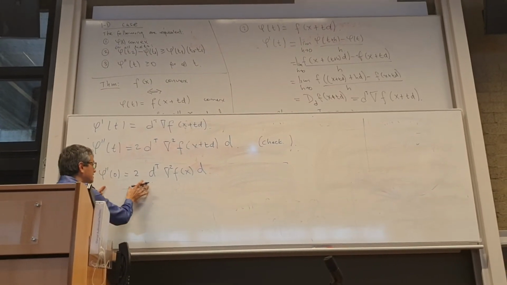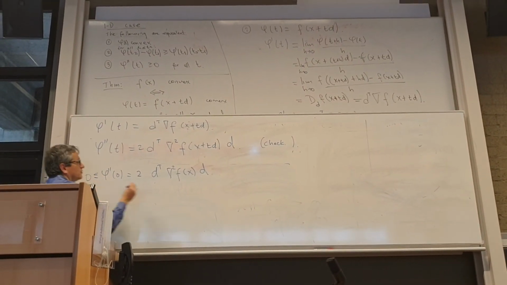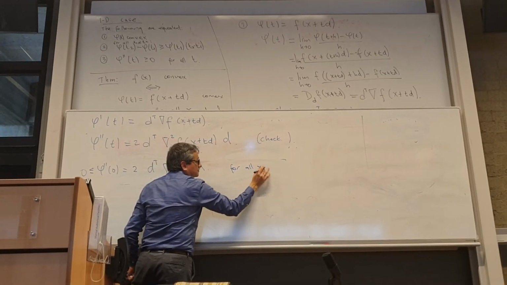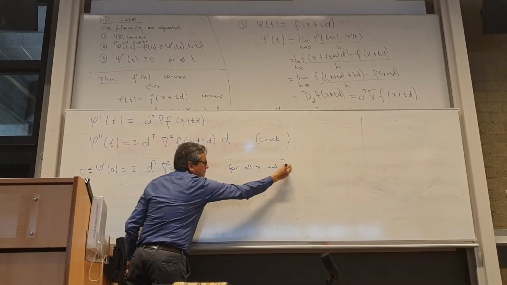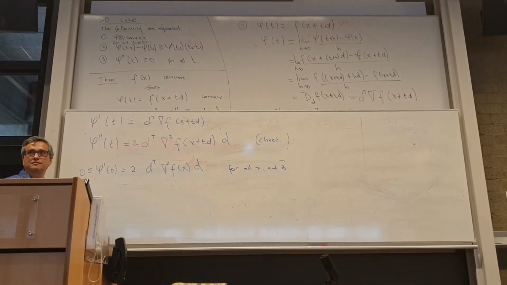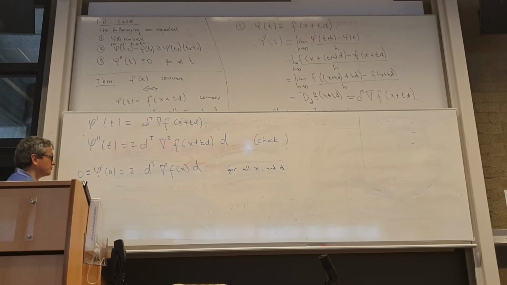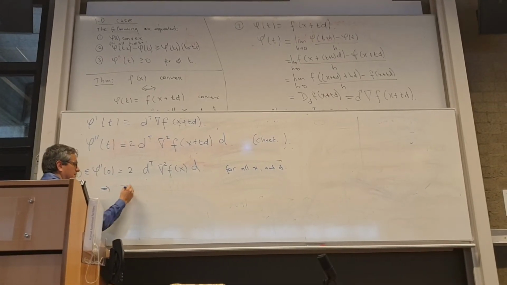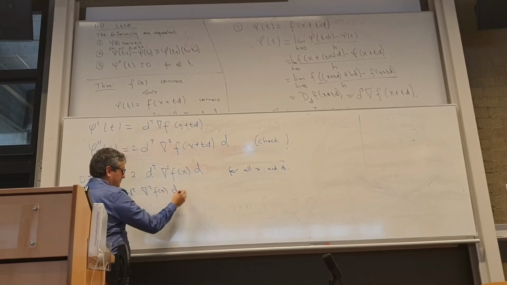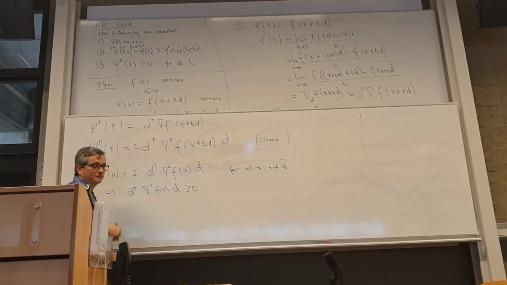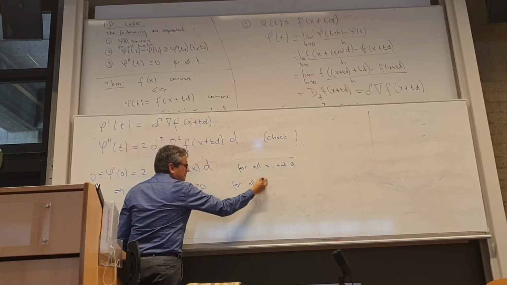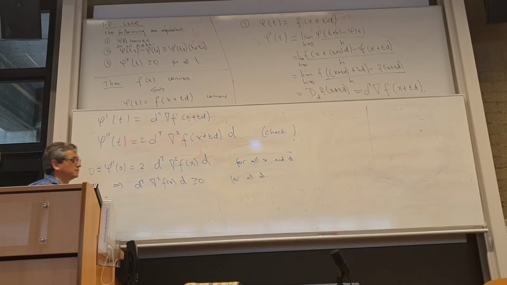So this means this has to be greater or equal than 0 for all x and d. And what does that mean? That means d transpose Hessian of f at x d greater or equal than 0. Again, for all, let's fix x. This is for all d.